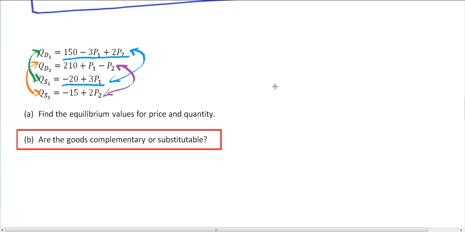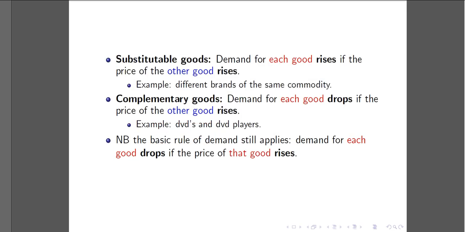Now let's just look at what the notes say. So if I find the area in the notes where this comes up, I have substitutable goods. This is when the demand for each good rises if the price of the other good rises.